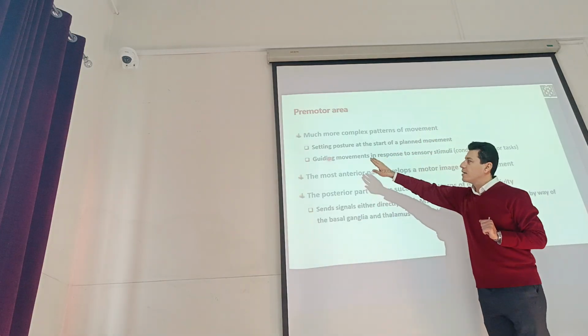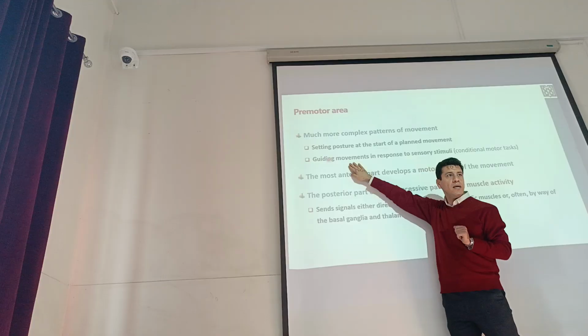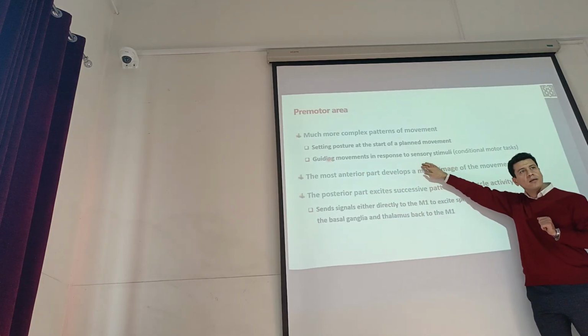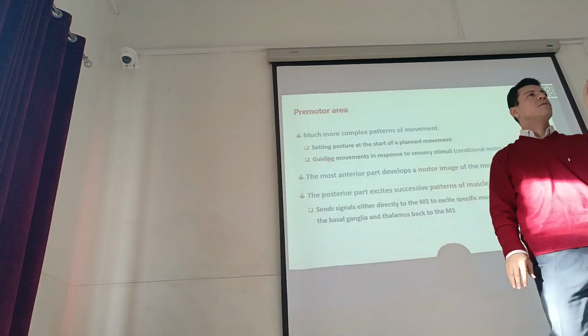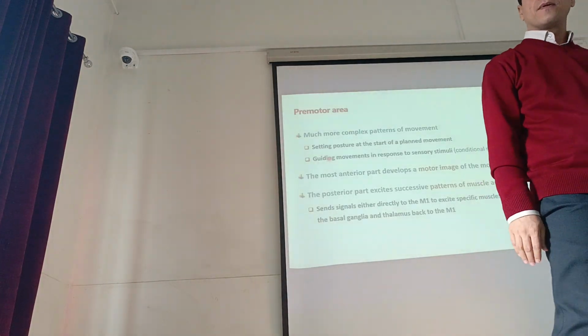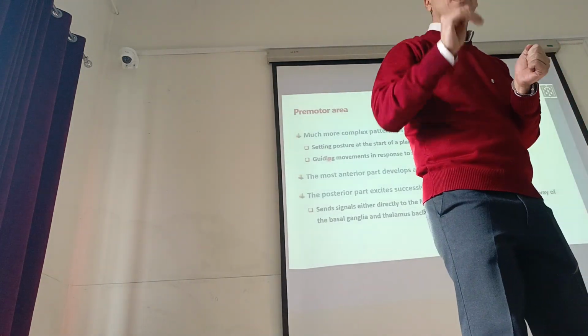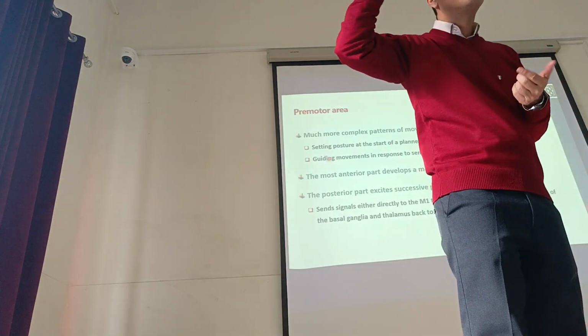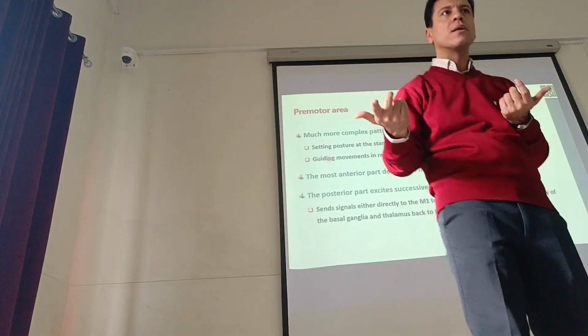So guiding movements in response to sensory stimulation. So when you see the arrow and choose to go this way, this planning happens in premotor area of the cortex, right?